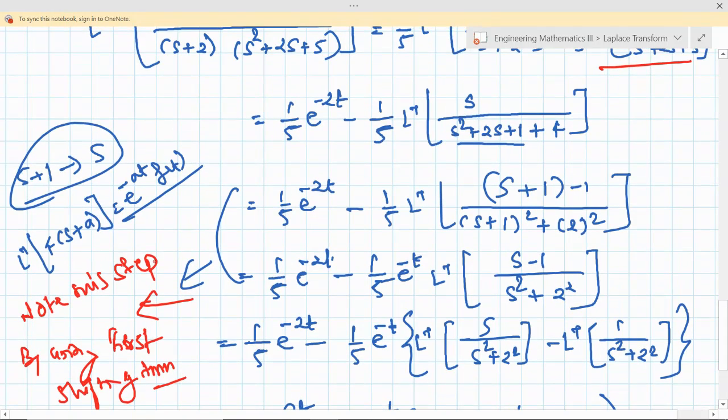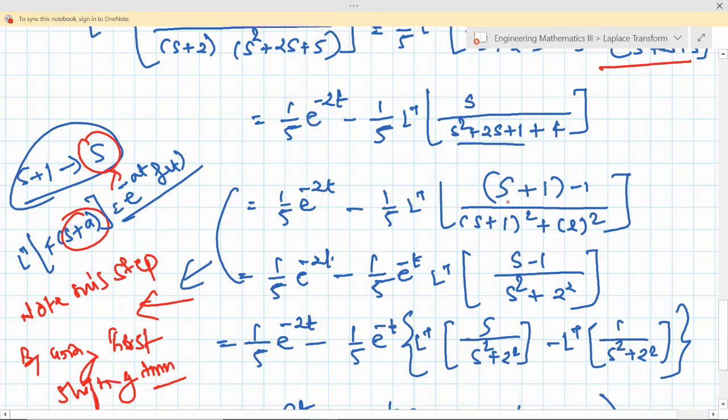The first shifting theorem says that wherever s plus a is there, we can replace s plus a by s. After replacing that, we shift that a into the power of e, and we take it outside the inverse Laplace.